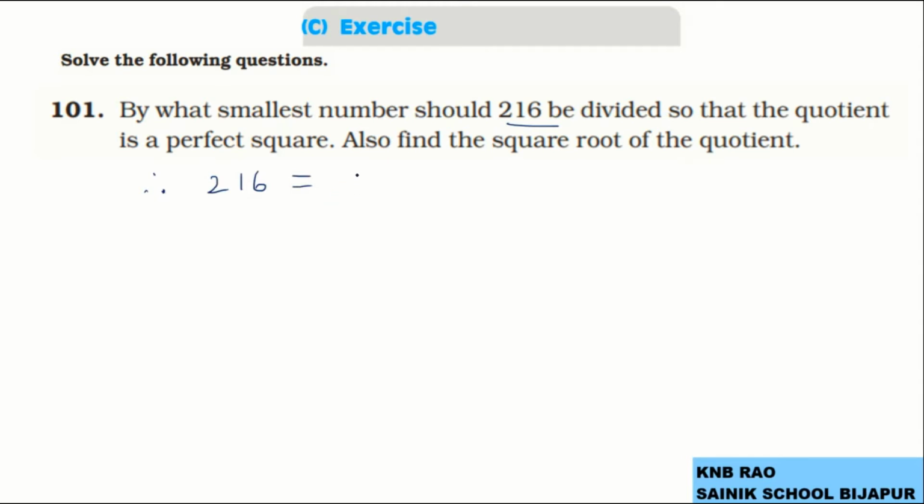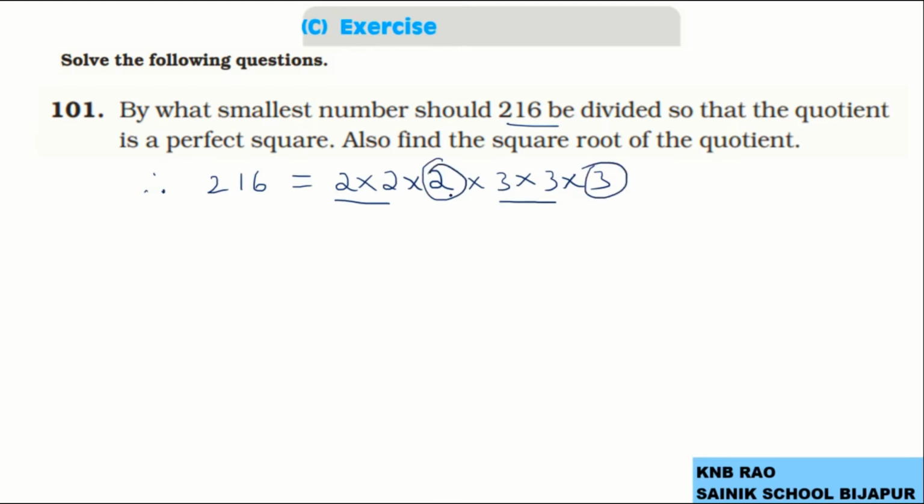So first find its prime factorization, and you know how to find it. Here I am directly writing 2 multiplied by itself 3 times and 3 multiplied by itself 3 times. That means here I have prime factor 2 in one pair and prime factor 3 in one pair only.